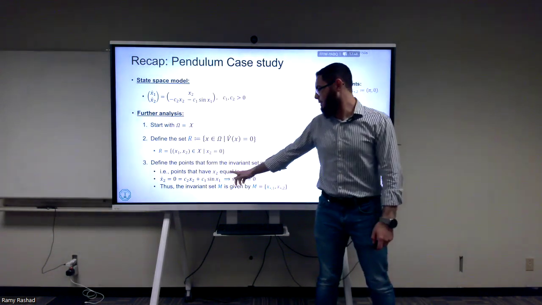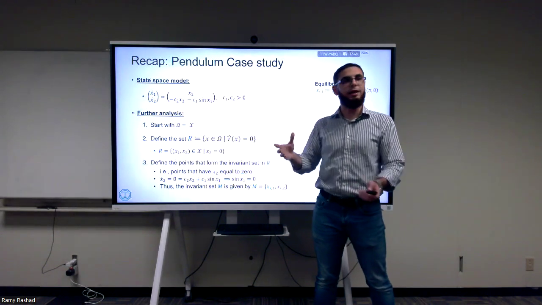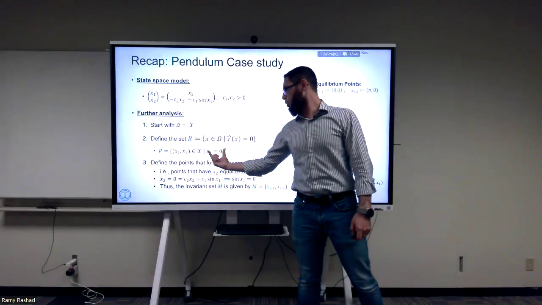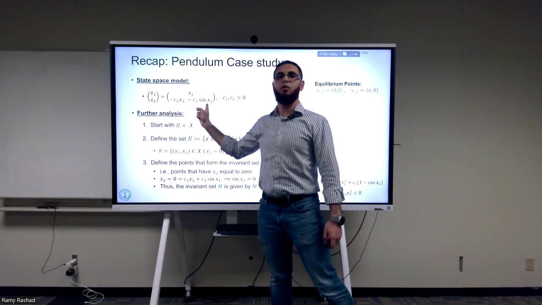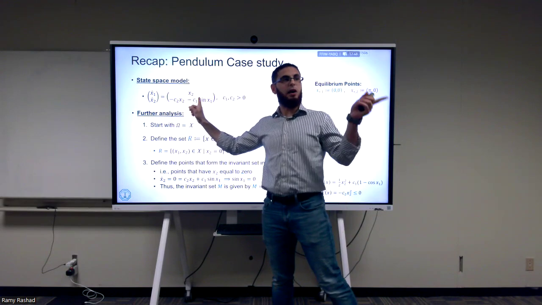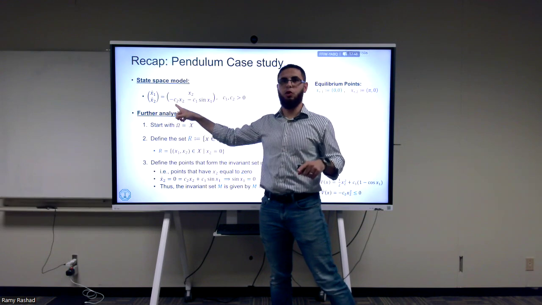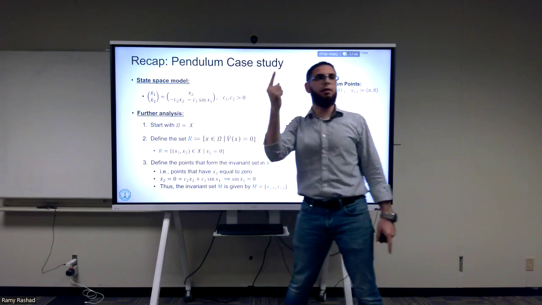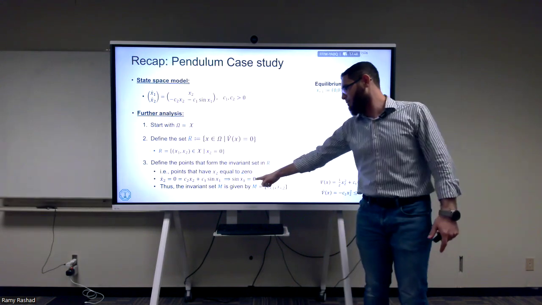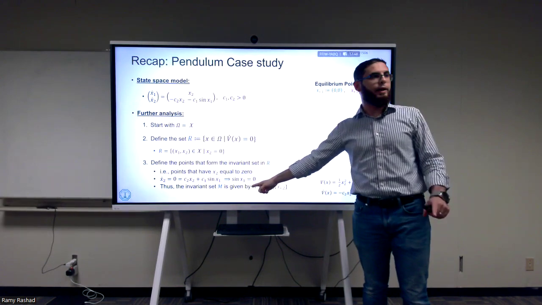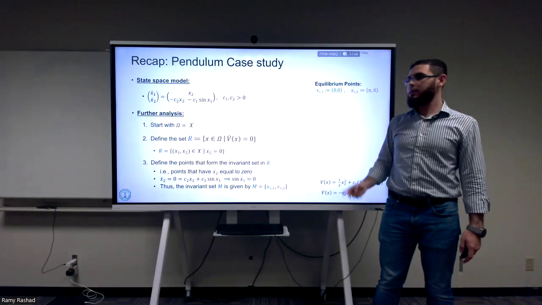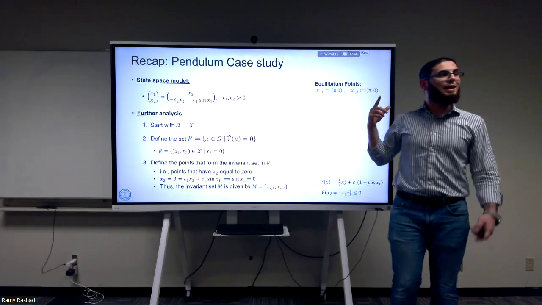So the invariant set in R will contain all of the points that satisfy that the rate of change of x2 is equal to 0, x2 dot equal to 0. If I go back to the dynamical equation, I see that I should satisfy that this expression is equal to 0. I'm already in the set R, which means that x2 should also be 0. So I'm left only with one equation, that sine x1 should be equal to 0. We already calculated that before. We know that all of the points in the state space that satisfy sine x1 equal to 0 are the equilibrium points. So what is the set M?